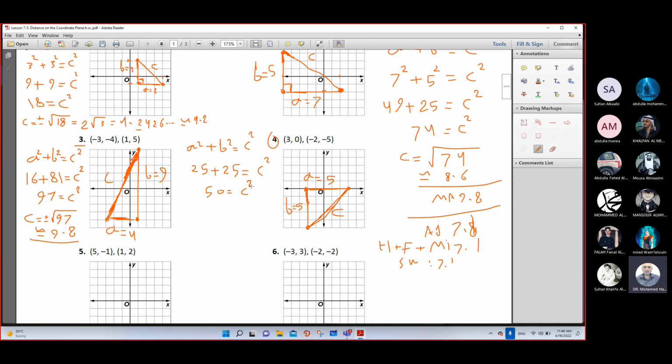So C squared equal 50. So C equal the square root of 50. You can use the calculator here. 7.07 means 7.1.